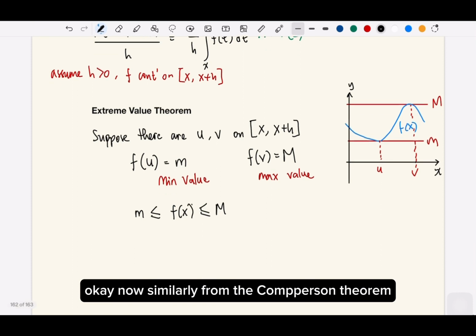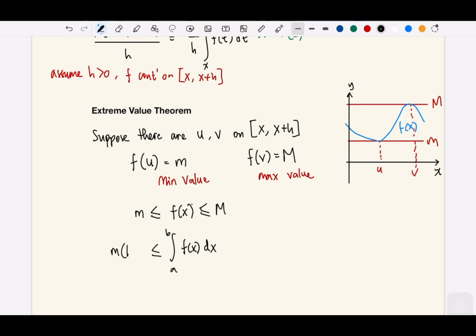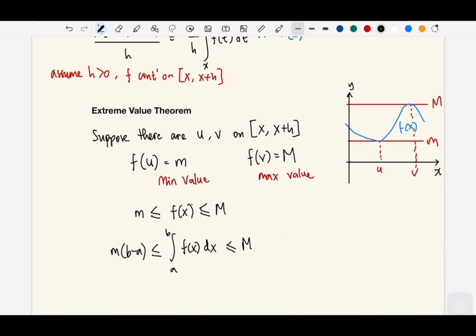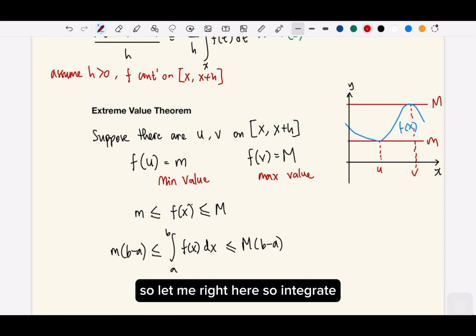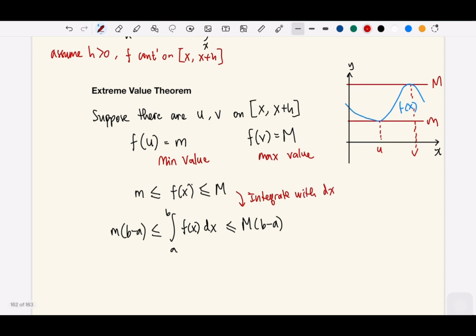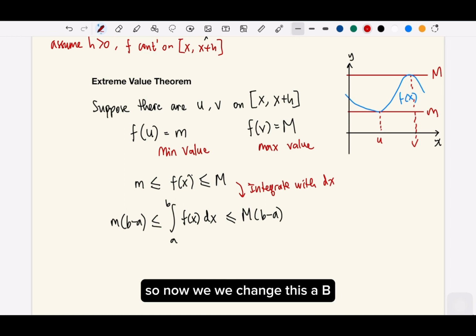Now similarly, from the comparison theorem, we know that this will be in between. So we integrate all the components with respect to x. So now we change a, b minus a to x and x plus h.